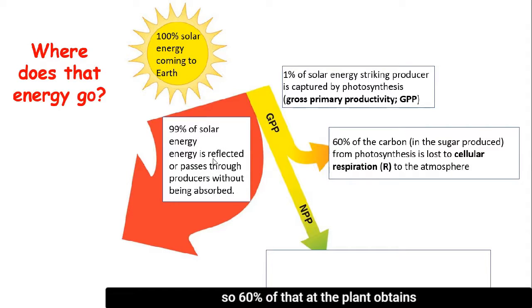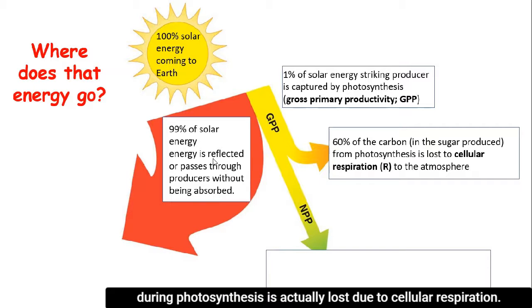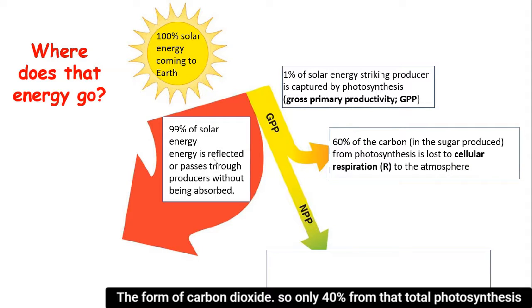So 60% of what the plant obtains during photosynthesis is actually lost due to cellular respiration. They're going to be breaking down that sugar, using it to do work and live. And 60% of that captured carbon from photosynthesis is lost back to the atmosphere in the form of carbon dioxide.